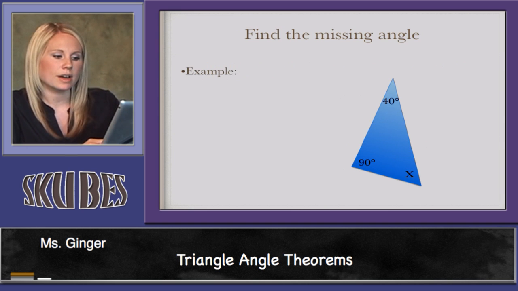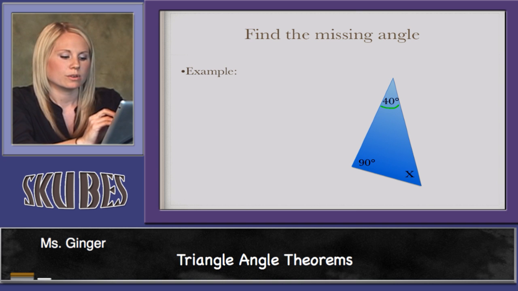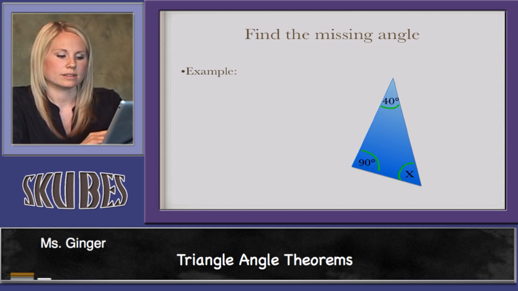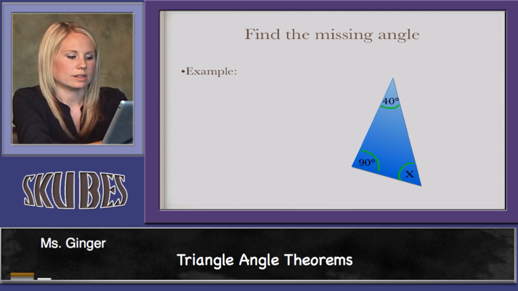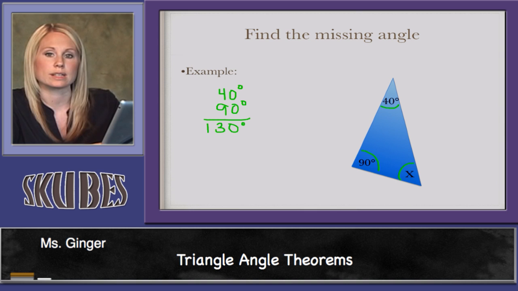So knowing that theorem, let's find the missing angle here in this example. So we've got 40 degrees, 90, and then a missing angle x. So what we need to do is find the sum of the ones we're given. So if we add 40 degrees plus 90 degrees, that gives us 130 degrees.